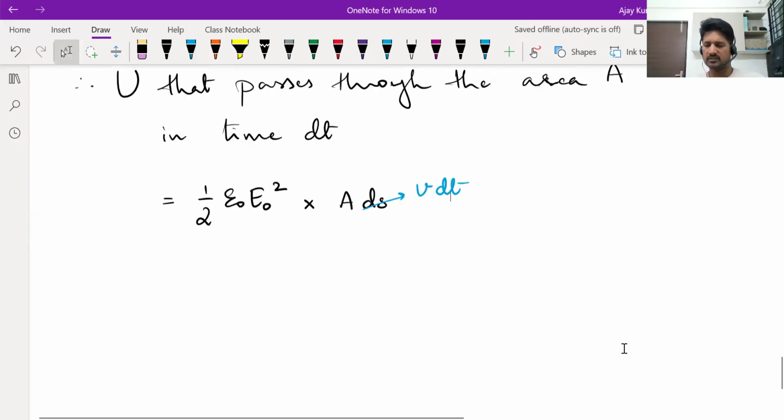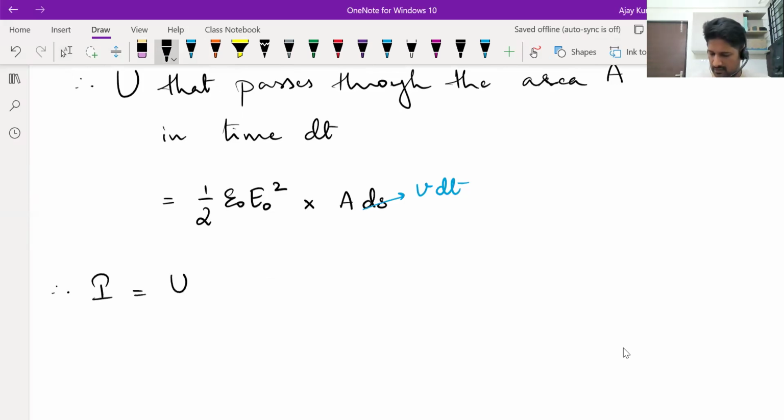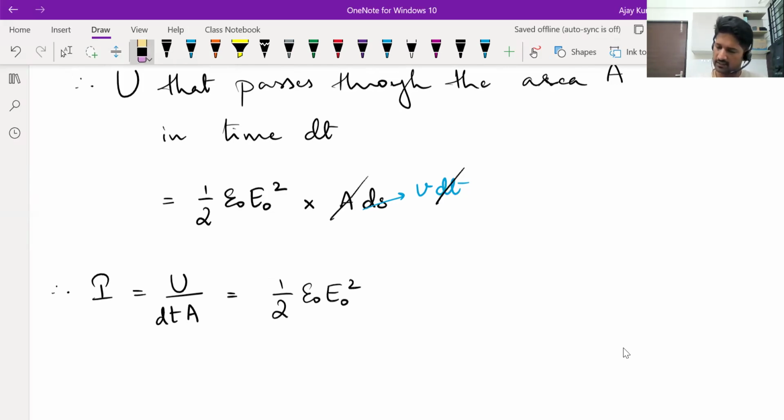So we know how much energy is passing in a certain amount of time. Now we can write the expression for intensity. Intensity is energy per unit time per unit area. So you have to divide this by A and dt. Then it becomes half epsilon naught E naught square, and A and dt get cancelled.